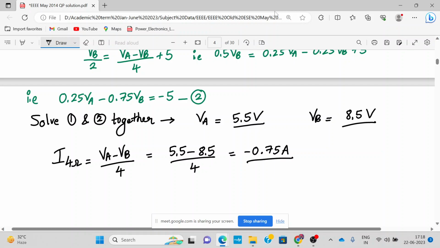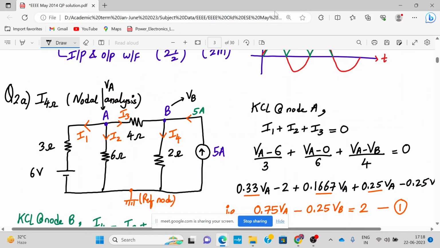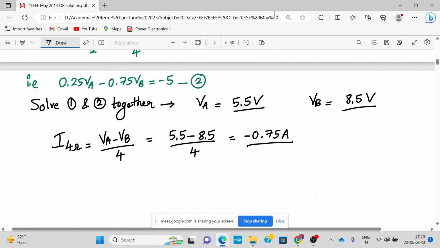What is the meaning of minus? That our assumed direction of current is wrong. It should be from B to A. That's the only meaning of it. Rest it's fine. Are you understanding? If I want to write it positive, I have to show the direction this way. I hope this is clear.